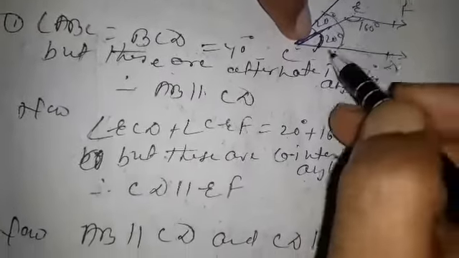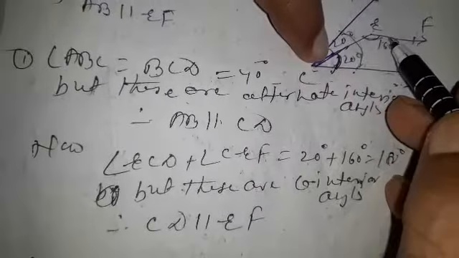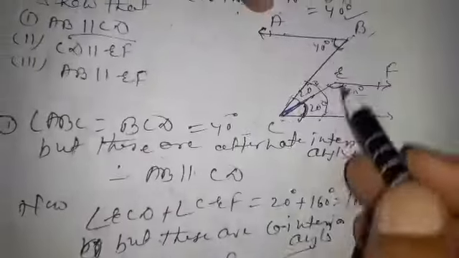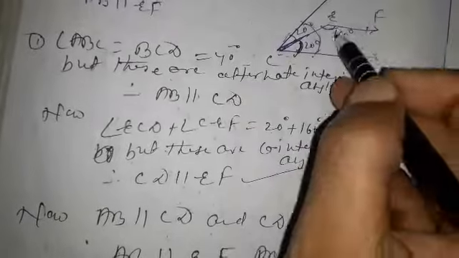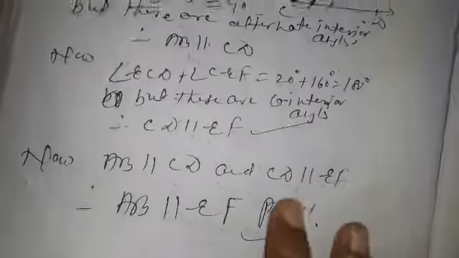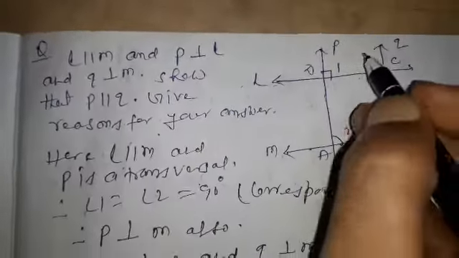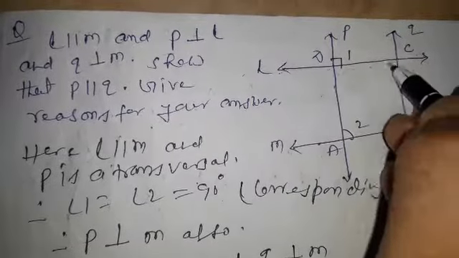These are co-interior angles, their sum is 180, therefore CD is parallel to EF. Now AB parallel CD and CD parallel EF, therefore AB is parallel to EF. Proved.